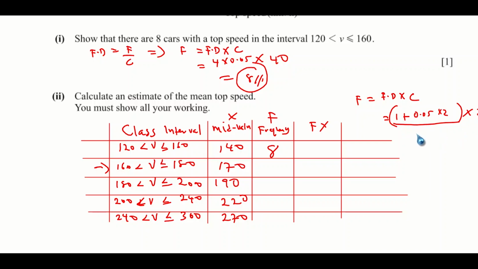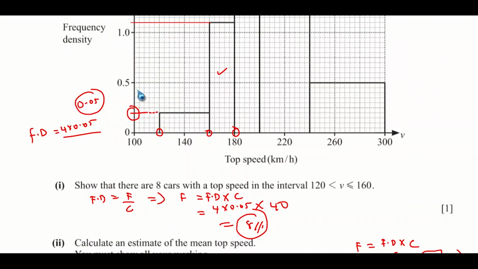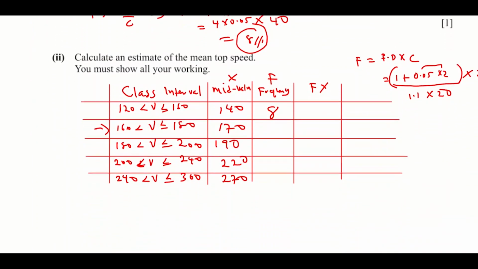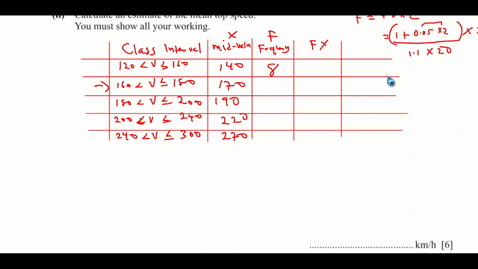So if you multiply this, this 0.05 times 2 will be 0.1, so 0.1 plus 1, so it will be 1.1 times 20. So the frequency density here for the next class is 1.1. So times 20, the frequency will be equal to 22.